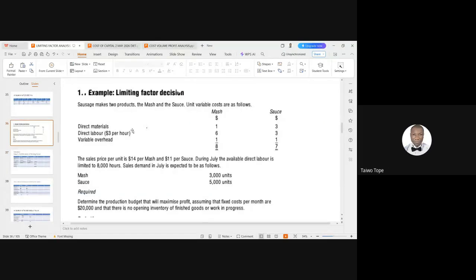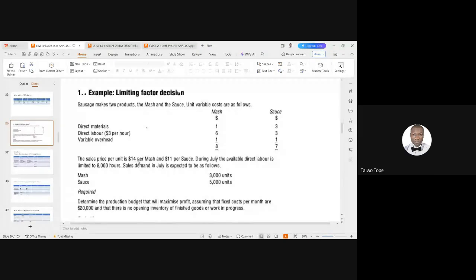So in this current question, to get our contribution per unit, our selling price is what, man? 14 for mesh, 11 for source. Our variable cost in total: 1 plus 6 plus 1 is 8, 3 plus 3 plus 1 is 7.